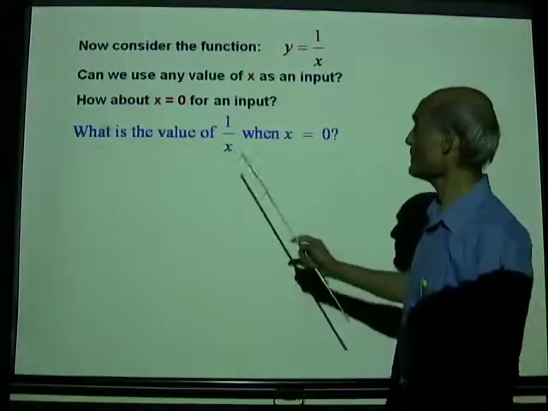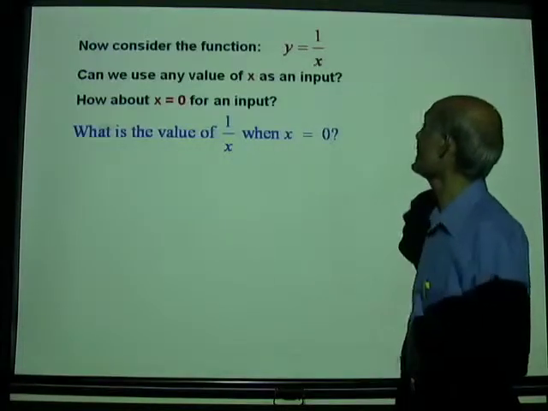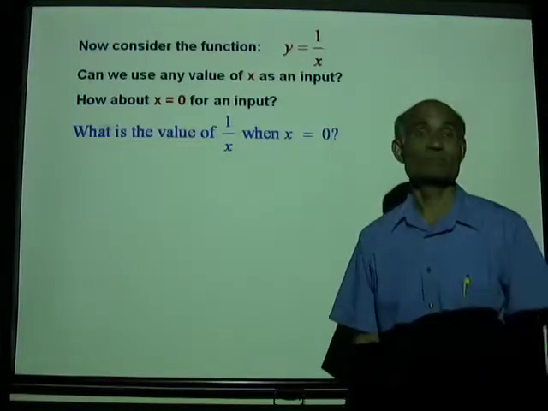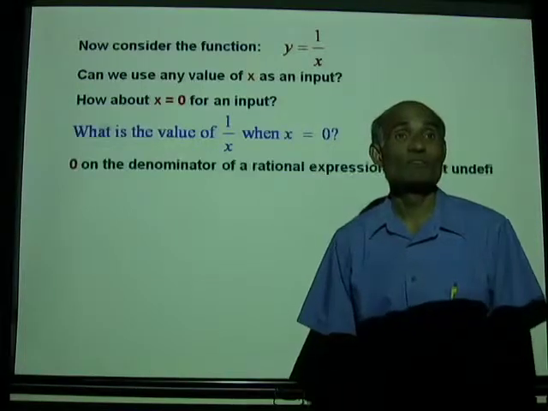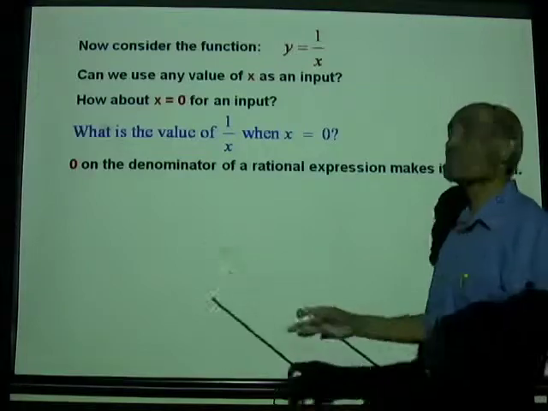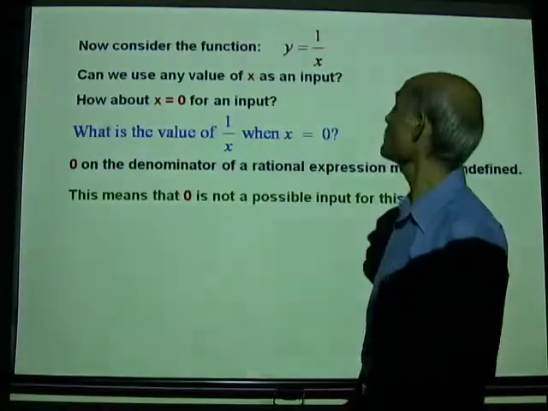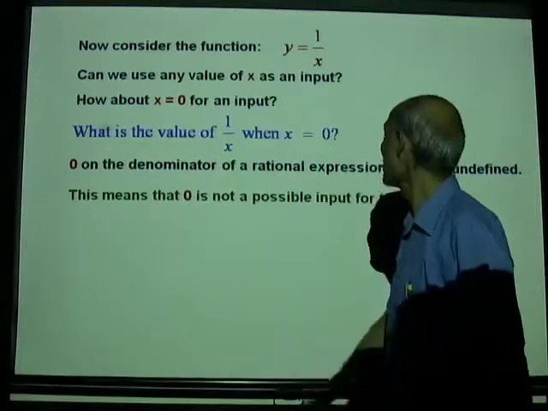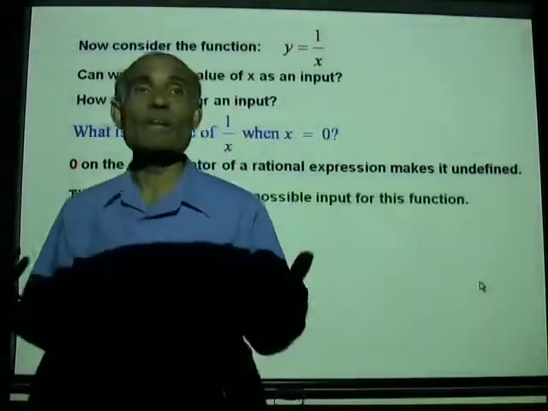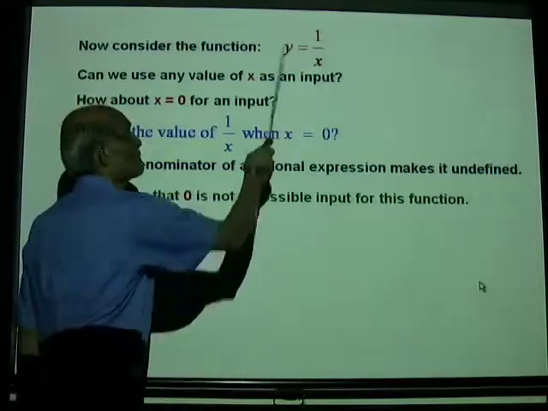So what is the value of 1 over x when x equal to 0? It has no real value. 0 on the denominator of a rational expression makes it undefined. This means that 0 is not a possible input for this function. 0 cannot be an input for this function.